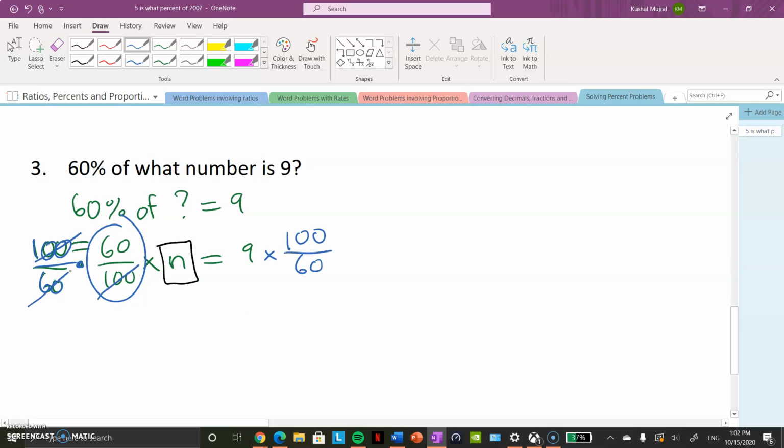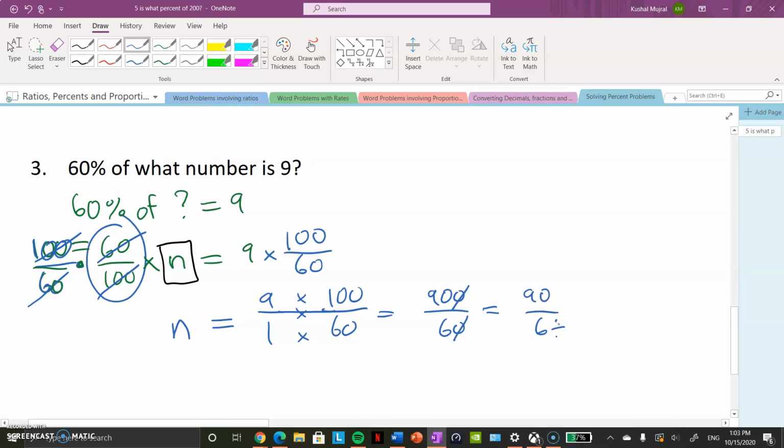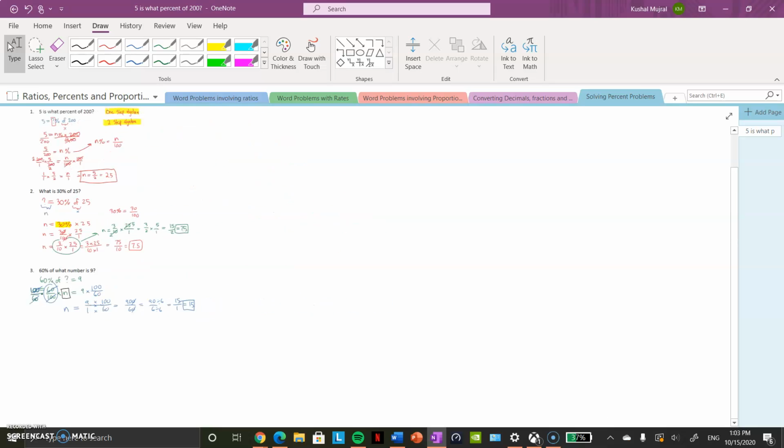What that means is this cancels out, and n will be 9 over 1 multiplied by 100 over 60, which is 900 over 60, which is 90 over 6. You can divide this by 6 and this by 6, and after you do your division, you'll get 15 over 1, which is just 15. Okay? That's solving percent problems.